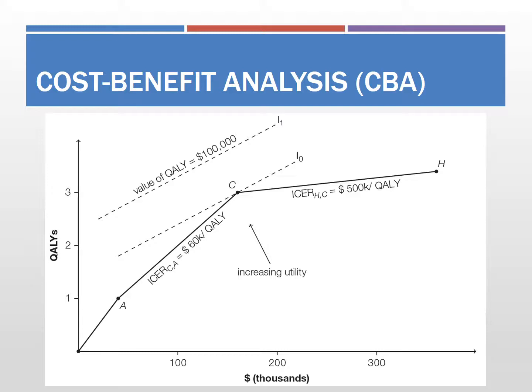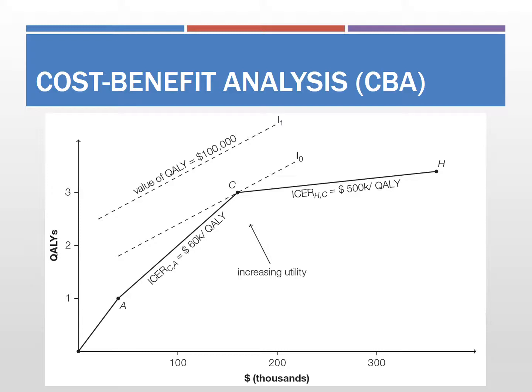We still have the same cost-effective frontier, plotting three different treatments: treatment A, treatment C, and treatment H. And we have indifference curves that illustrate the value of additional life at $100,000. We have one indifference curve that we illustrate as I0, and another indifference curve illustrated as I1.